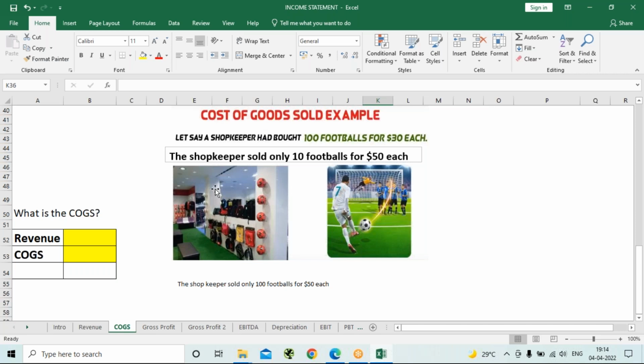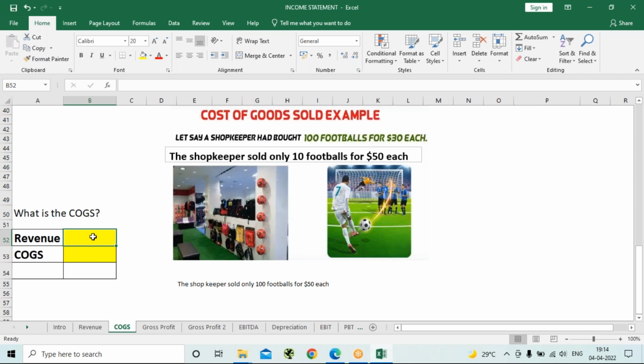Here it says there is a shopkeeper who has purchased 100 footballs, and each football is worth 30. The shopkeeper makes a sale of only 10 footballs for 50 each. So find out what is the revenue and what is the COGS. By seeing the formulas I've given in the chat box, you can find the answer.